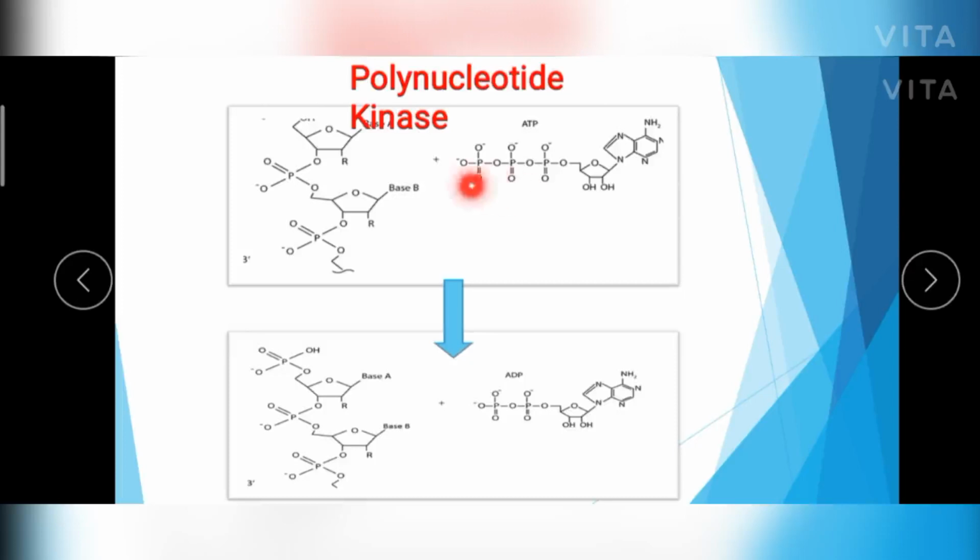The same thing is represented here. The gamma phosphate group of this ATP is transferred to the terminal 5' end of this particular DNA strand, thereby modifying the hydroxyl group to phosphate group.